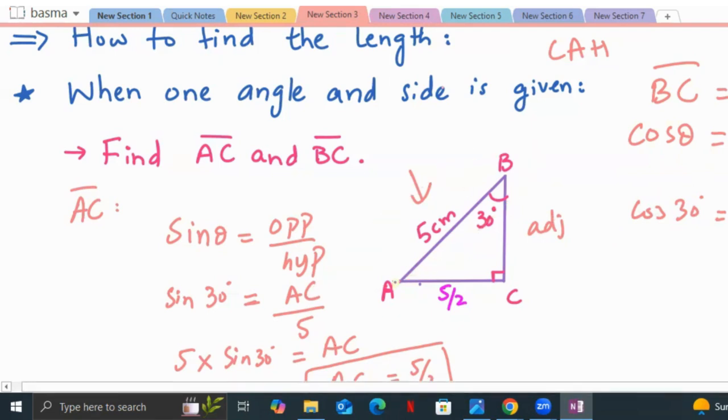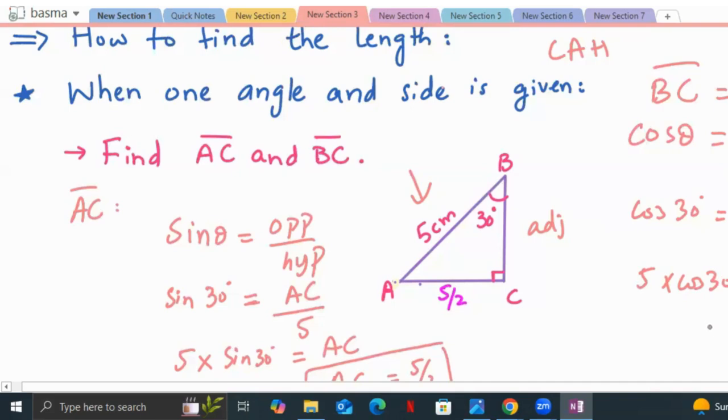Again, because you have to find BC, you're going to get rid of the 5, which is in division with BC. When you move 5 to the other side, it gets multiplied with cos of 30. And cos of 30, if you put it in the calculator, will get you root 3 over 2.